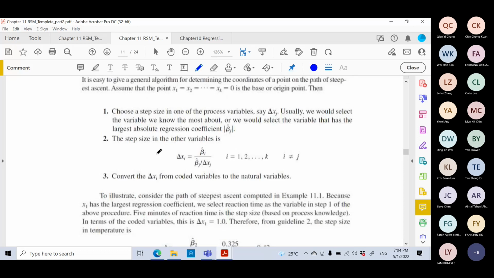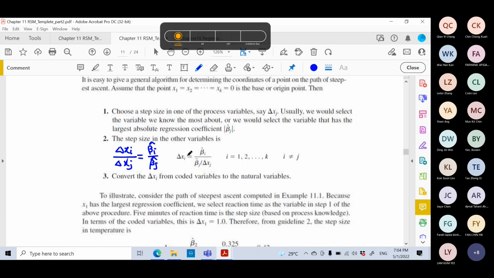Okay, so the step size will be given by: delta xi divided by delta xj will equal to beta i hat over beta j hat. So therefore, if you multiply it out, you get the following one. This one is just multiply. You get this one or this one. Then if you divide, then it becomes multiply. Okay.